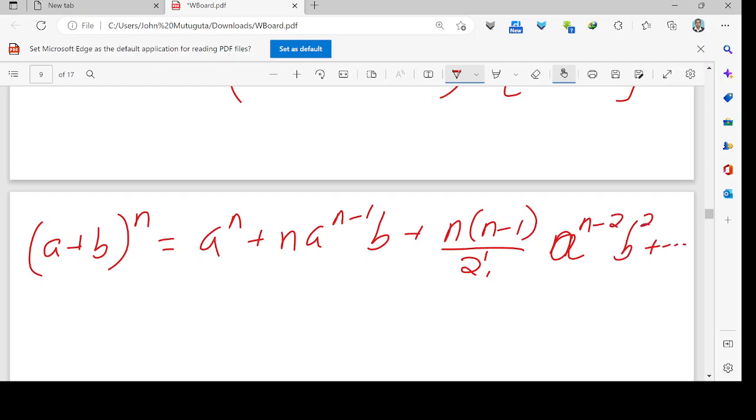This binomial series is an infinite series. So we are going to set a is equals to minus 3. We set b is equals to d squared plus 2d. And we set n is equals to minus 1.